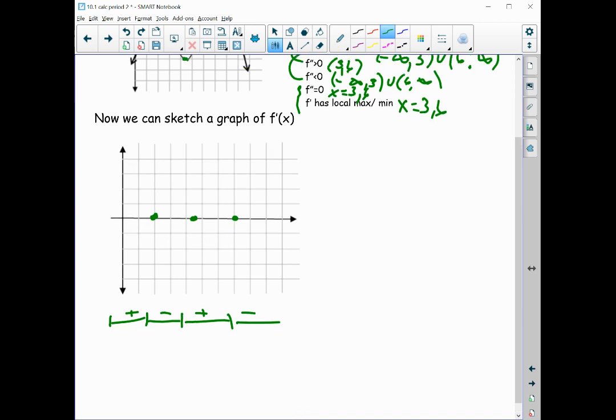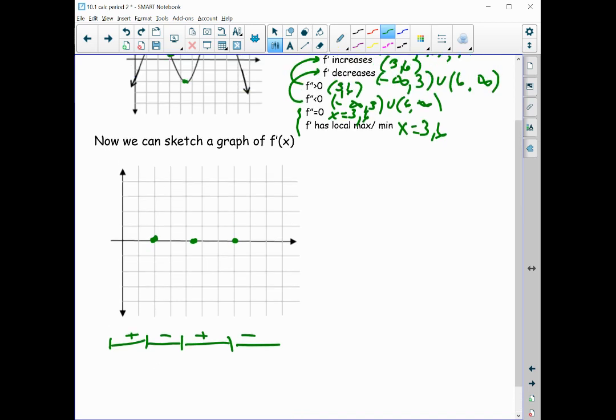Okay, then I also have this increasing, decreasing information. So I know from 3 to 6, in here, we need to be increasing, and then everywhere outside is decreasing. So if I'm doing that from 0 to 2, I'm going to be on the positive side and decrease.